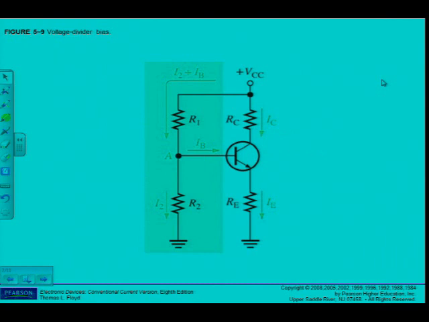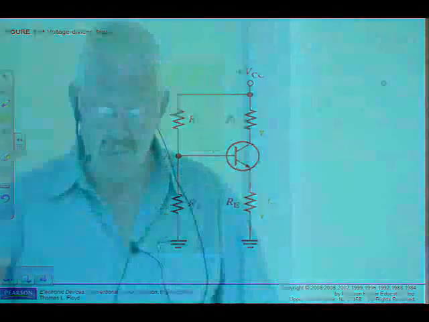And then finally we established, using the cutoff and saturation points, the load line, and we also saw that we specifically want the Q point to be in the middle of the load line so that we can have maximum swing of my input signal. Remember, I want to use it for linear operation.